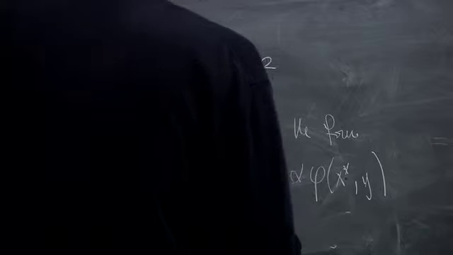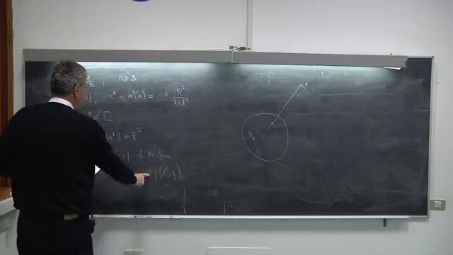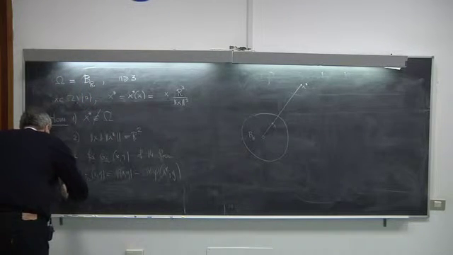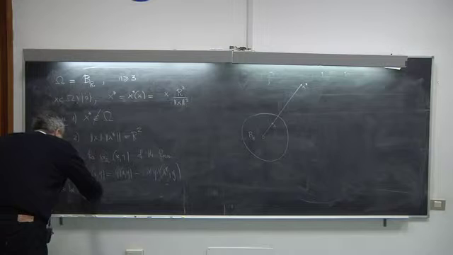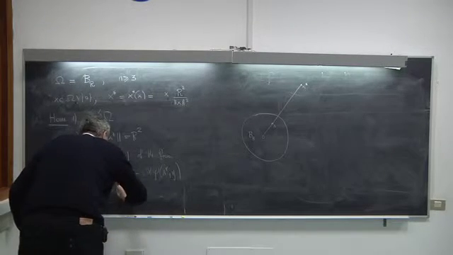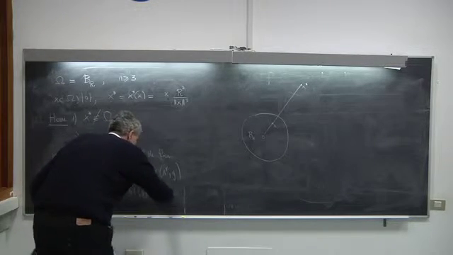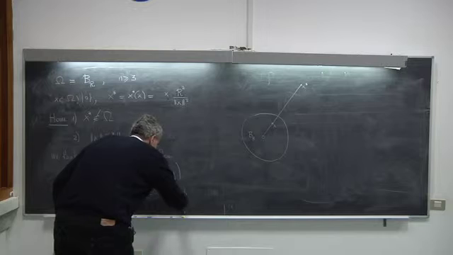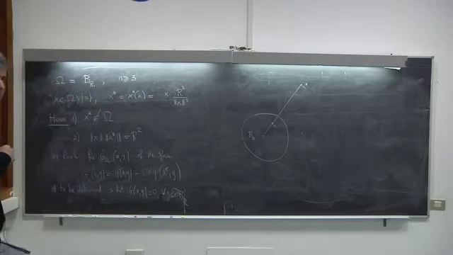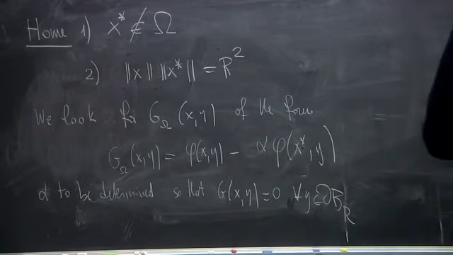Alpha is to be determined, and alpha must be determined so that G vanishes on the boundary of the ball.